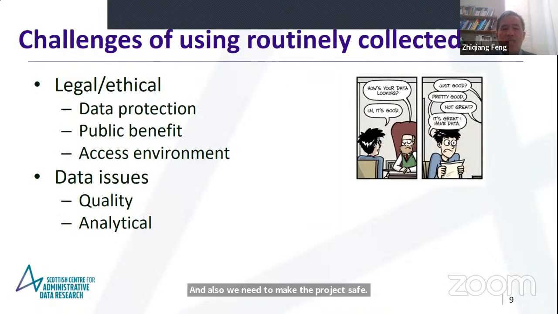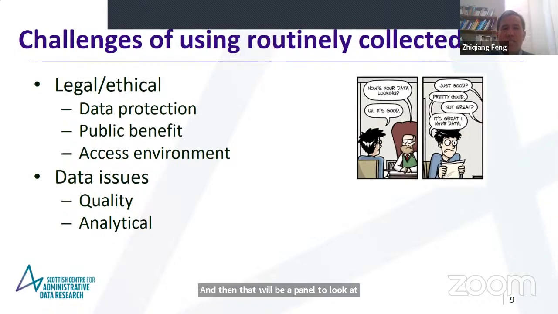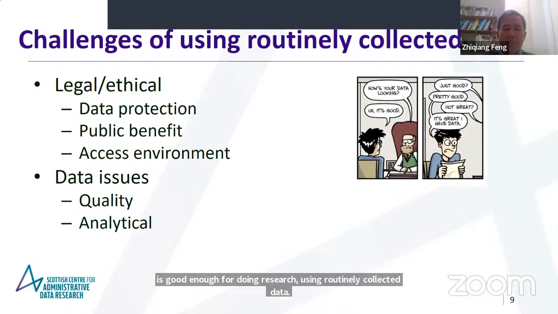We have to go through the application process, and there will be a panel to look at the proposal and make a decision whether or not the proposal is good enough for doing research using routinely collected data. And sometimes this process can be time consuming.